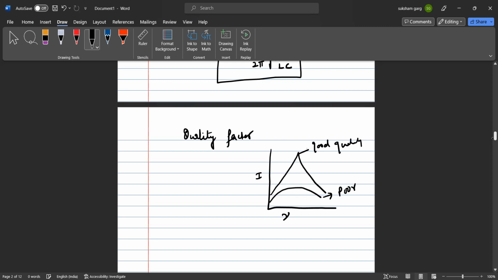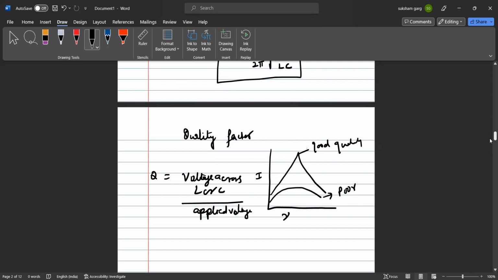But how do I calculate the formula of quality factor? Calculating quality factor is very, very simple. It is written as voltage across L or C divided by applied voltage.